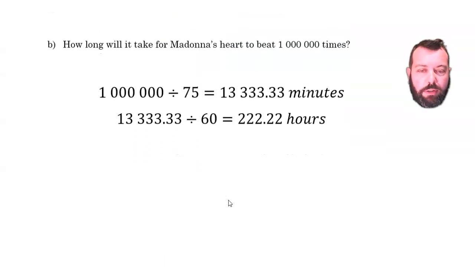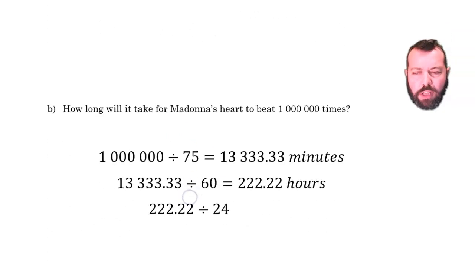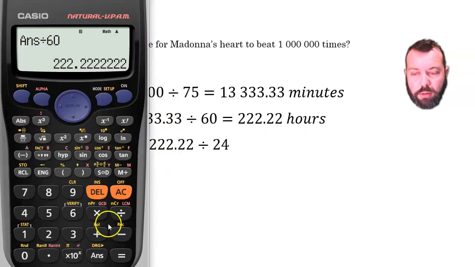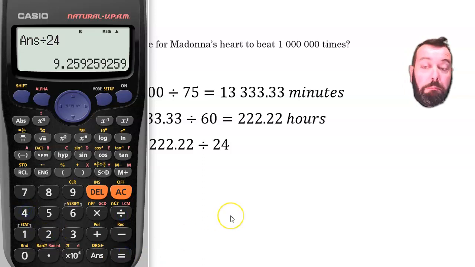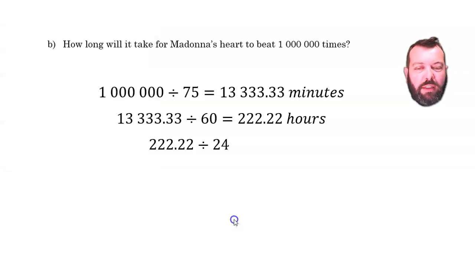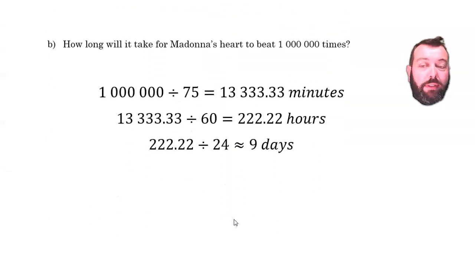So about 222 hours, but I think I'd rather know how many days that is. 200 hours is still a bit of an abstract figure really to me. So let's divide that by 24 as well, and I get a bit over 9 days. So let's say about 9 days. Madonna's heart will beat 1 million times in about 9 days.